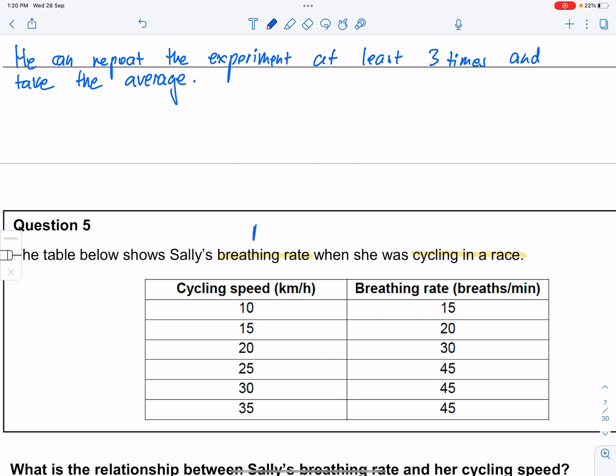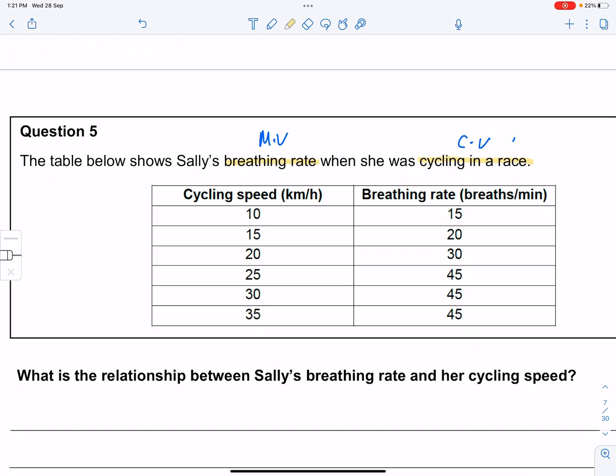So your breathing rate is actually your measured variable, and your cycling speed is actually your change variable because she can control her speed. Some of you may actually argue that, oh, but she can also control her breathing by purposely not breathing. But that's not the point, this is beside the point. If all else is natural, you should see that your breathing is something that you cannot control voluntarily, especially when you are exercising. So this is your change variable, and this is your measured variable.